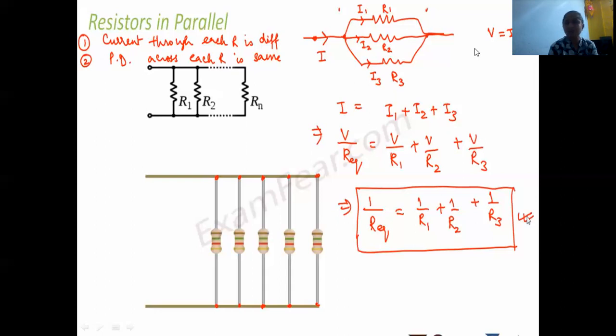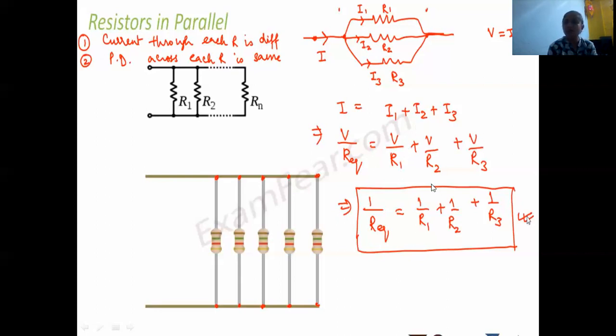Okay, children. So now we need I. So I equals to, you can transpose this R equivalent to this side. So multiplication changes to division. So V divided by R equivalent. For I1 also same. I1 is equals to V will be same and divided by R1.